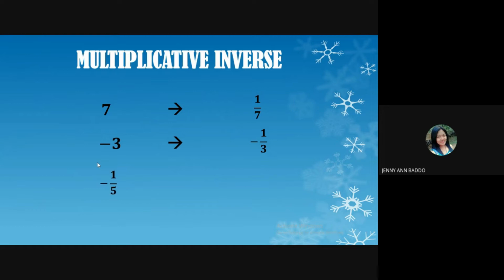So for negative 1 over 5, its multiplicative inverse is negative 5 over 1, or simply negative 5. For negative 5 over 8, we have negative 8 over 5. The numerator becomes the denominator and the denominator becomes the numerator, and the signs do not change.